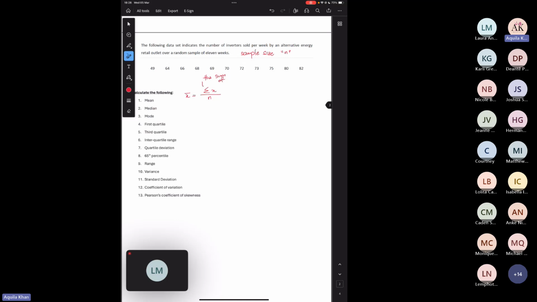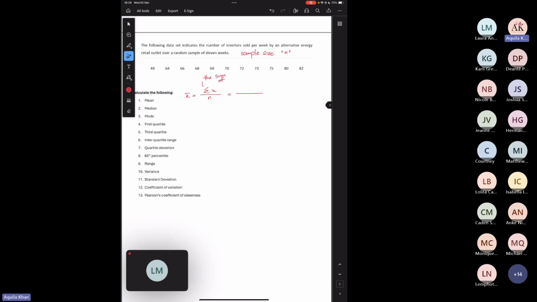So here, when you add up all of these, 49 plus 64 plus 66 and 68 and so on, firstly, you don't need to show that. You're not going to need to show 49 plus 64 plus 66 plus 68 all the way up until 82 in your answer, whether it's the assignment or the exam.